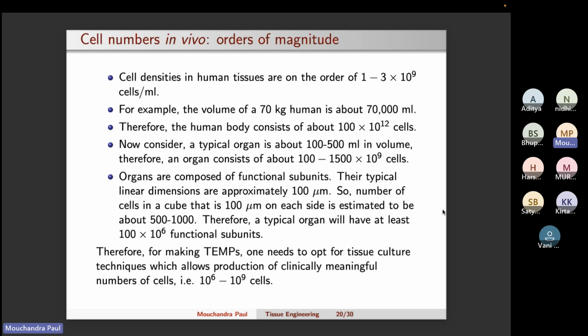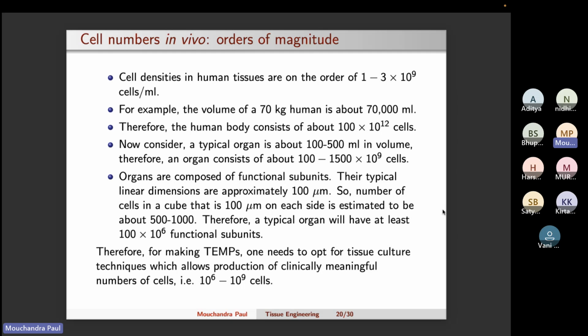If, for example, the volume of a 70 kg human is about 70,000 ml, you just have to multiply by the density of water, and from that you get the volume, that is 70,000 ml. In that volume, the human body will consist of around 100 trillion cells.